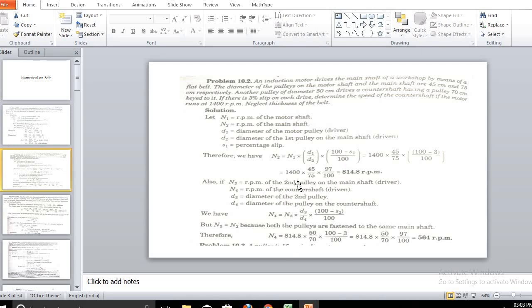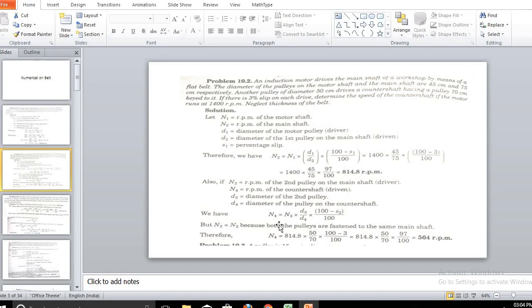Because on the second shaft, these two pulleys are present, having speed N2 and speed N3. These are same, as N2 and N3 are on the same shaft, so the speed of N2 is equal to the speed of N3, 814.8 into D3 by D4.